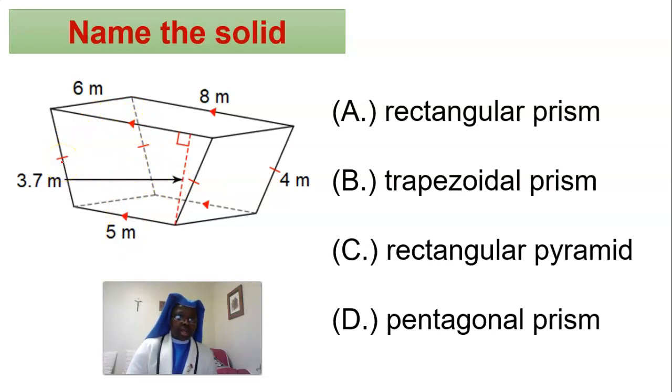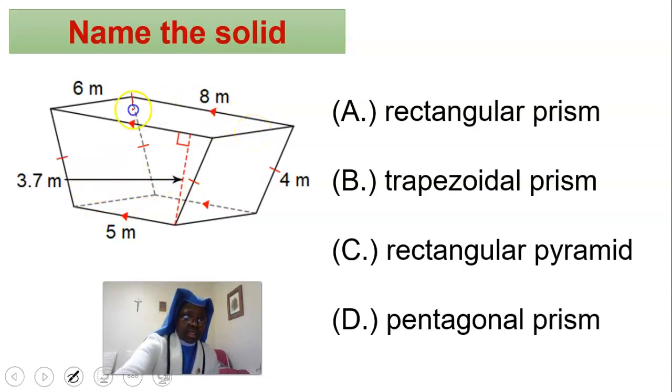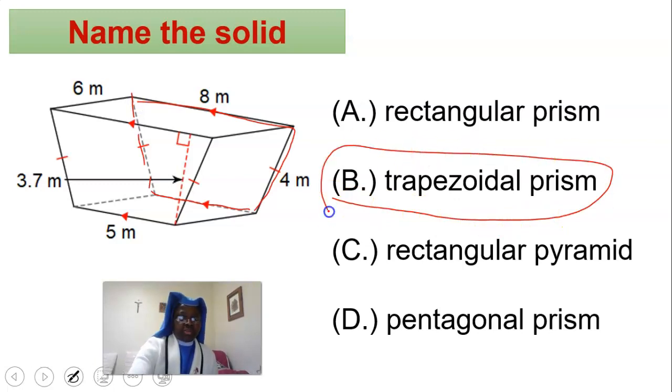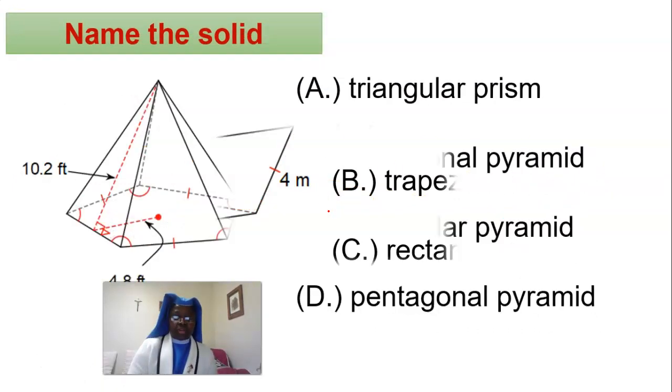It's a trapezoid. It has 1 pair of parallel lines and then 1 pair of congruent sides, so it is an isosceles trapezoid. It has one trapezoid on the side and a trapezoid at the back as well. So that is a trapezoidal prism because it has two bases of a trapezoid.